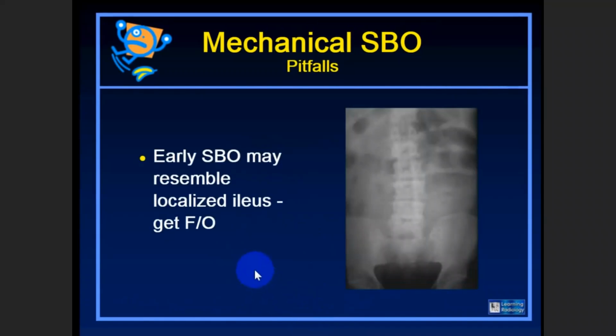Here we have mechanical small bowel obstruction. Early small bowel obstruction can resemble localized ileus and should get follow-up. This is an early image because here we have absent air within the distal small bowel loops, but the presence of air normally in the proximal bowel loops.